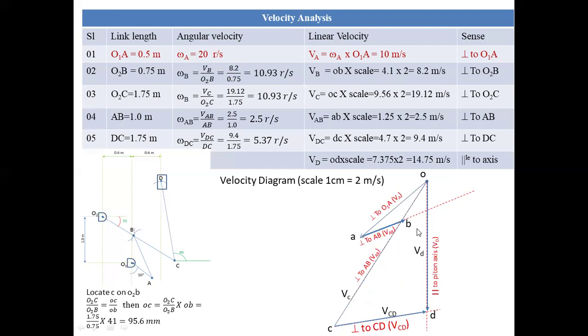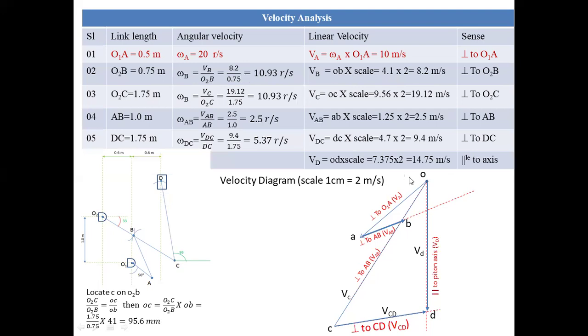Now from this diagram, we can measure the various angular velocities. We have to determine the angular velocity of O2B. This will be VB upon O2B. VB is 4.1 centimeter, so that distance is 4.1 into the scale, that is 8.2 meter per second. So 8.2 upon O2B, which is 0.75, gives omega B as 10.93 radian per second.